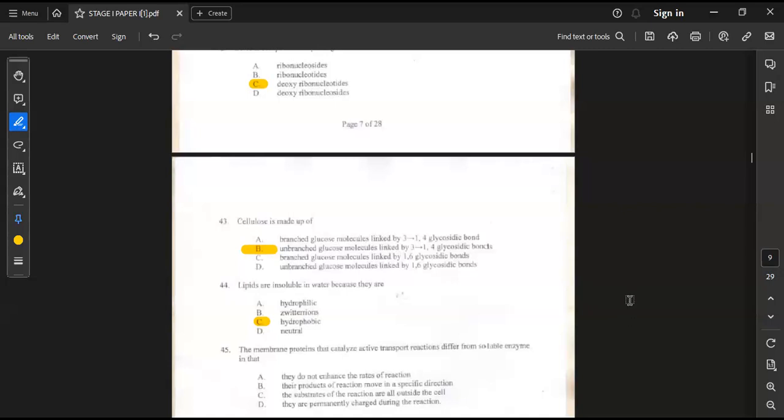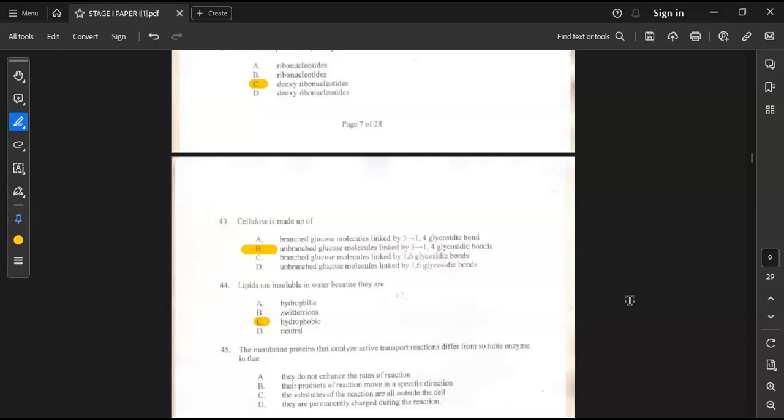We were talking about 1,6. So for the starch, we want to talk about starch. Somebody was asking which carbohydrate is joined by alpha 1,6 glycosidic linkages. I think it's glycogen. It has both beta 1,4 and alpha 1,6.